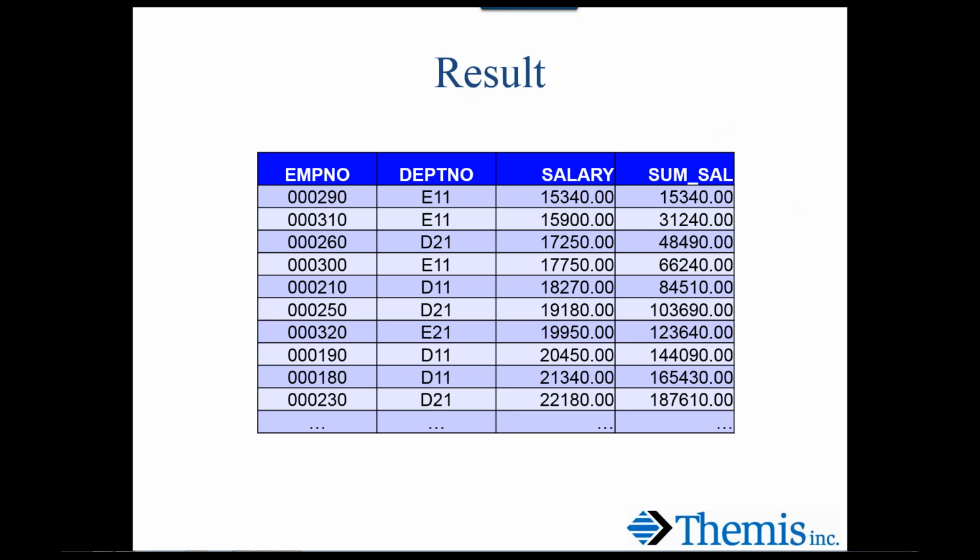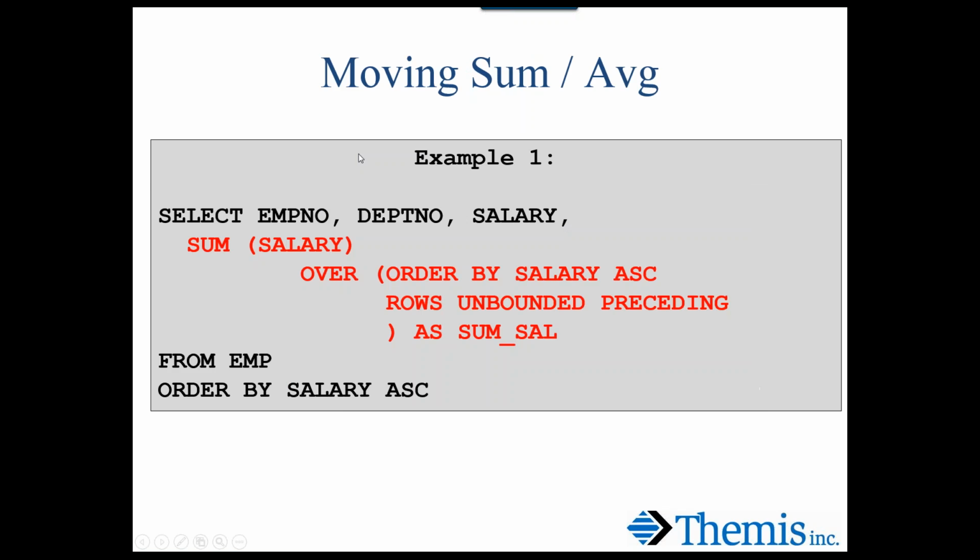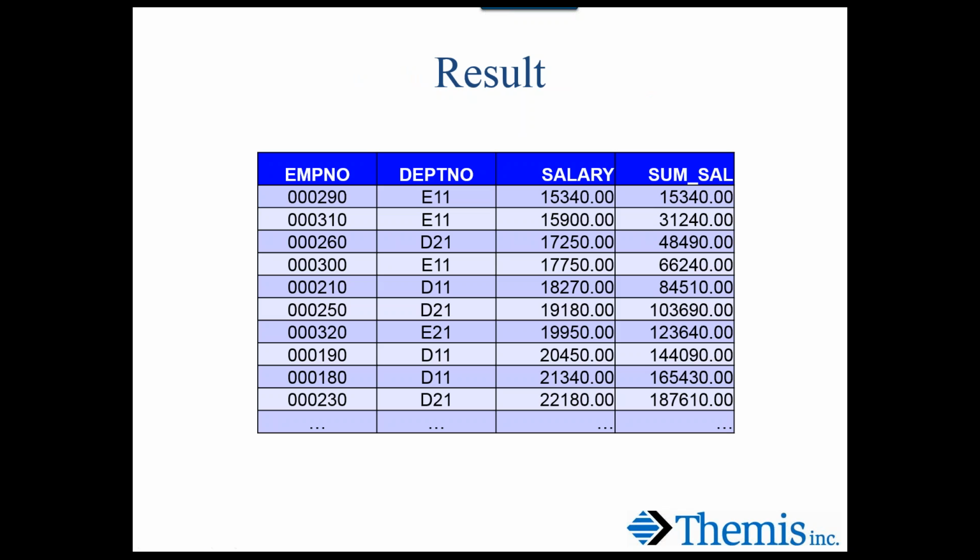In the fourth column, for the first row, you see just 15,340. Well, the second person makes 15,9, and in the final column, you see that we've added the two numbers together, 15,340 and 15,9. What you see here is kind of a running total of the salaries of all of these people, going from the first guy all the way down to the bottom.